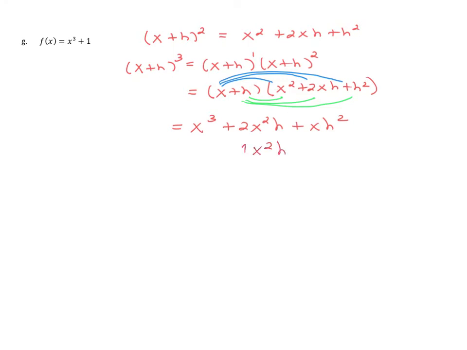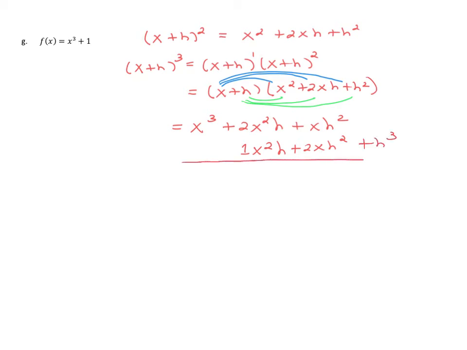You can even note that you're saying there's one of them. Okay, h multiplied to here is a 2xh squared. So that's plus 2xh squared. And lastly, h multiplied to h squared is h cubed.